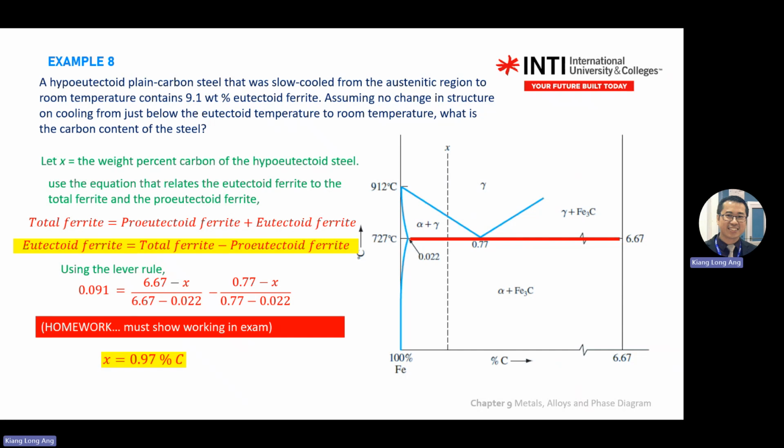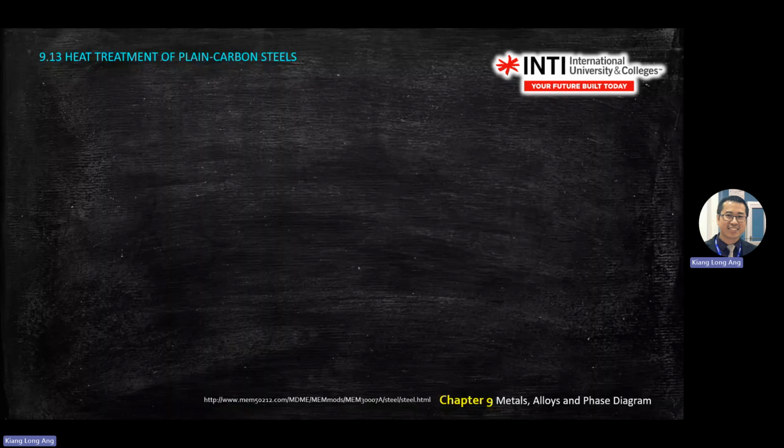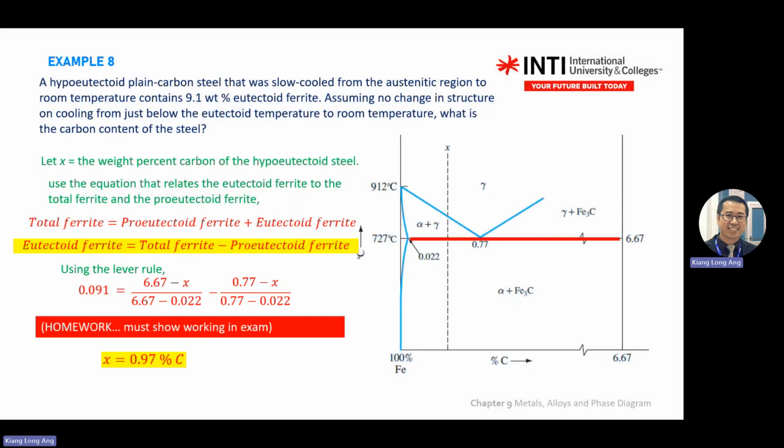Then you find your X. You rearrange the equation; there's only one unknown. Then from there you find your X. Okay. There's more, but we have a short break. We continue at 11:10.